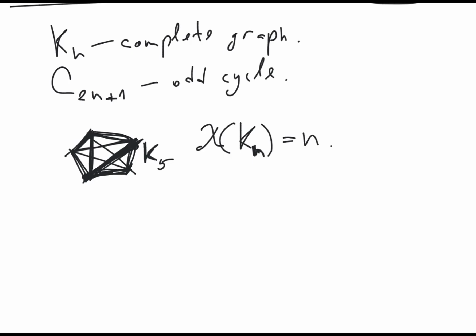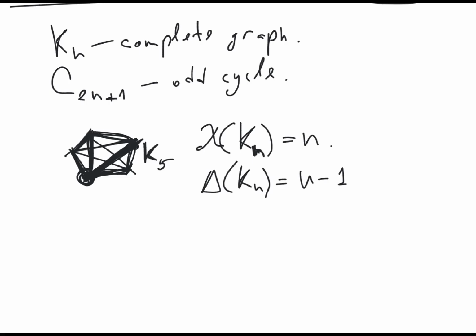And the maximum degree of Kn is equal to n minus 1, because every vertex is adjacent to all other vertices, and the number of other vertices is n minus 1. We have n in total. This one vertex that we are currently considering is not adjacent to itself, of course, and to all other n minus 1 vertices it is adjacent.